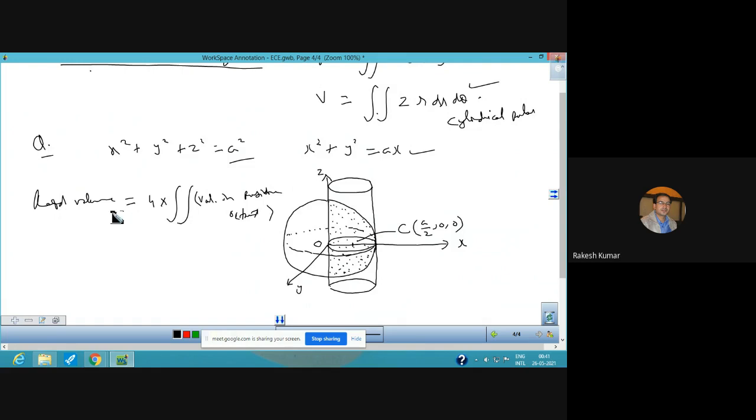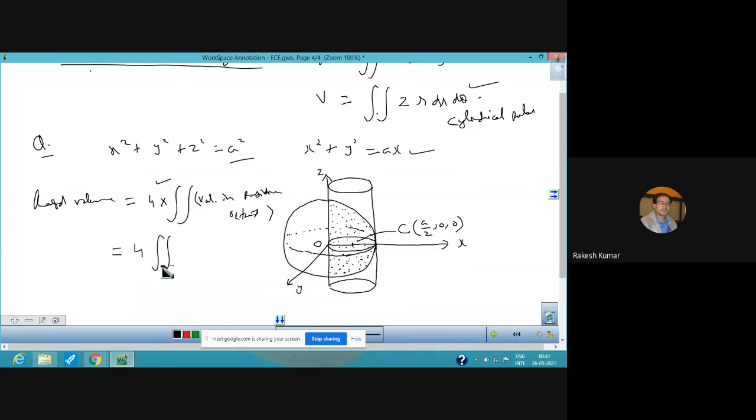The total volume which we require is 4 times, because if this is the positive octant, half the volume is here and half the volume is here, but two portions are lying there because this is a three-dimensional figure. So two portions are lying here and two portions are lying here. So total 4 portions. So 4 times the volume in the positive octant, and that is why we are doing so.